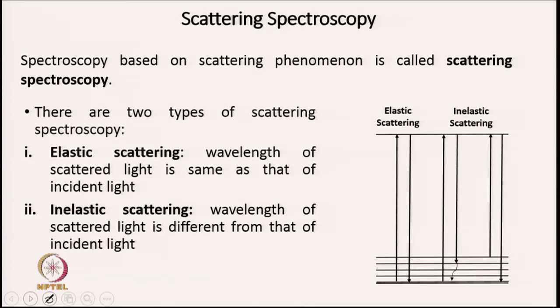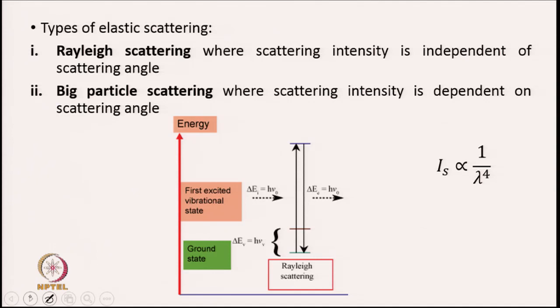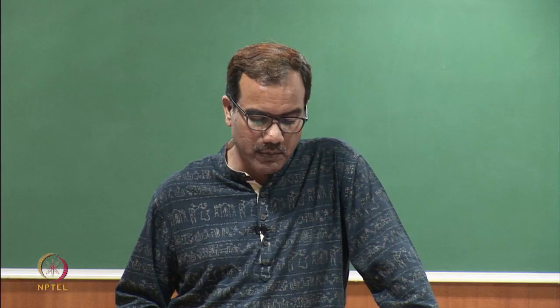But in inelastic scattering, the energy gap is going to be different for the emission and the scattered light, and in this case lambda is going to be higher for the scattered light in comparison to lambda of the incident light. Again, elastic scattering can be of two types.